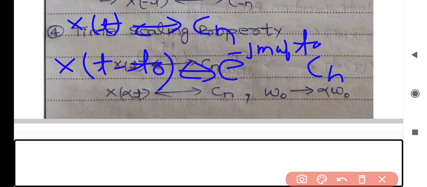This property is called time shift property of the Fourier series.